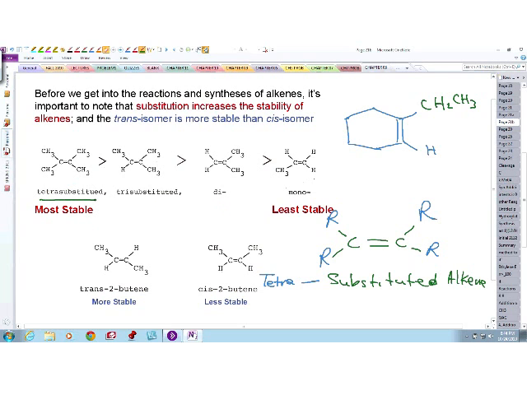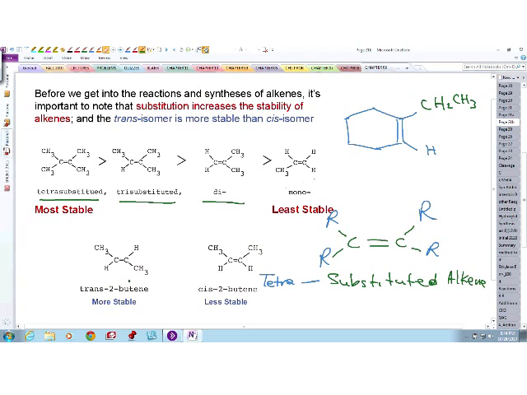Okay, as you can see here, tetra-substituted alkene is more stable than tri-substituted alkene. Then tri next. Then the di-substituted is less stable than the tri-substituted. The mono-substituted is less stable than the di-substituted.